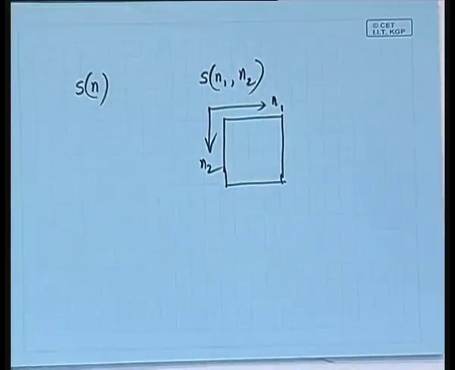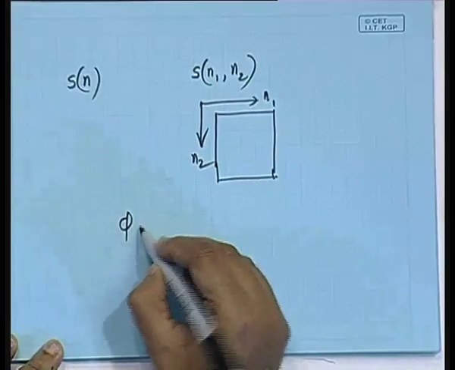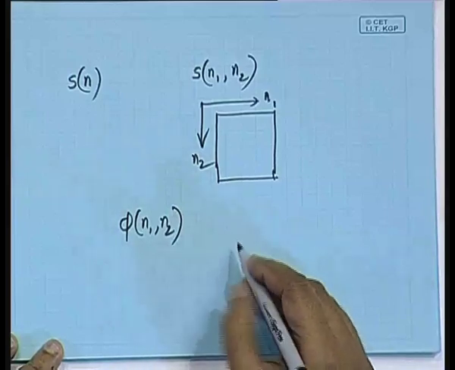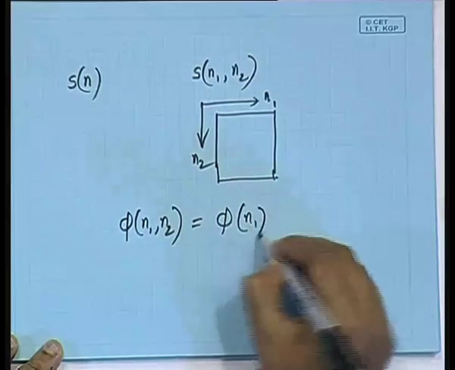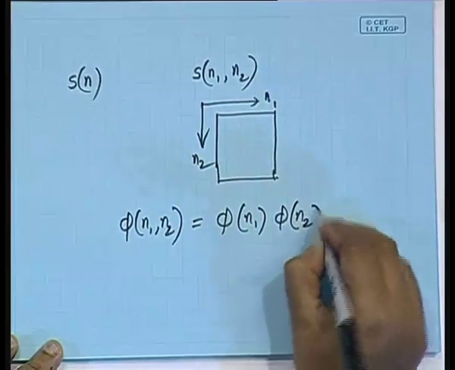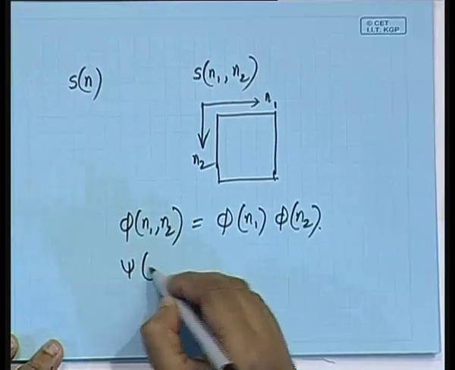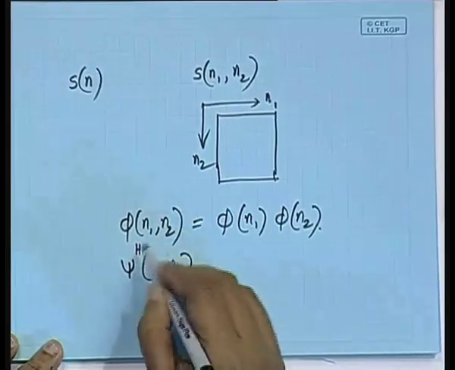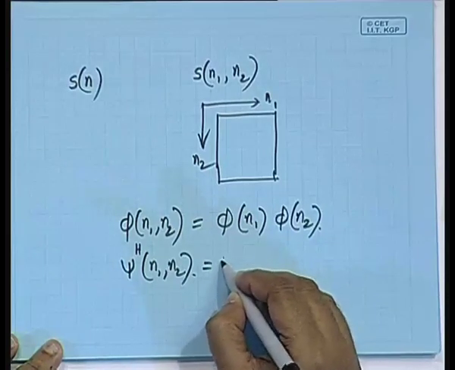By having it like this, we can define 4 different filters. We define a filter called phi n1 n2, which is nothing but the product of phi n1 into phi n2, and then we define another filter psi n1 n2, but call this psi with a superscript h. What the superscript h means, I will define shortly.